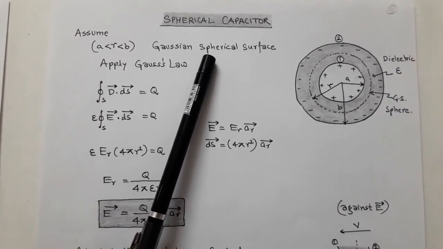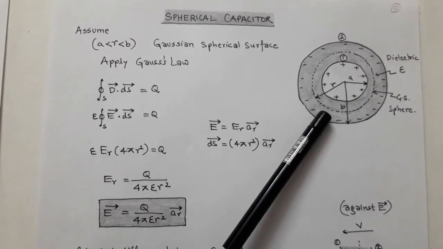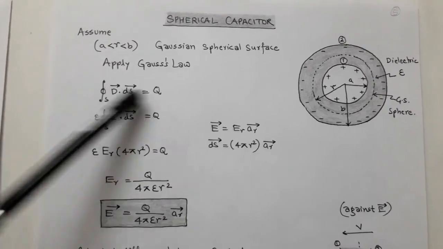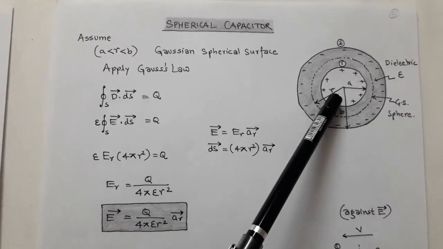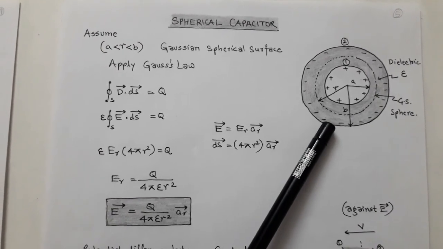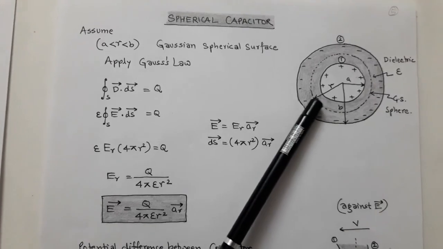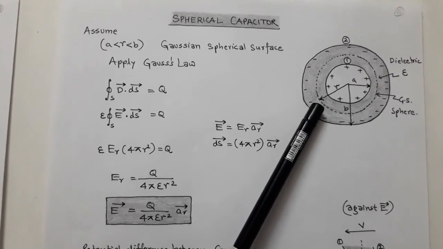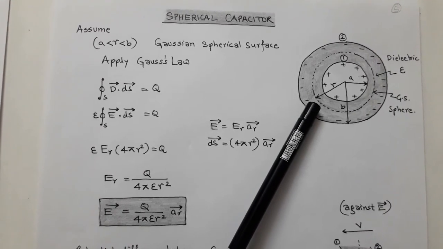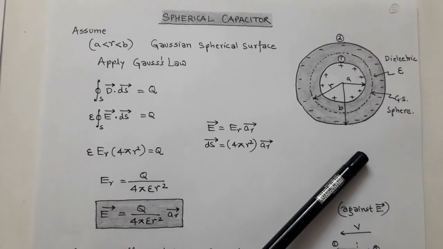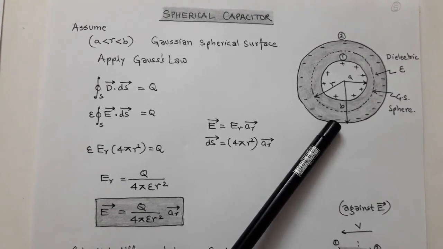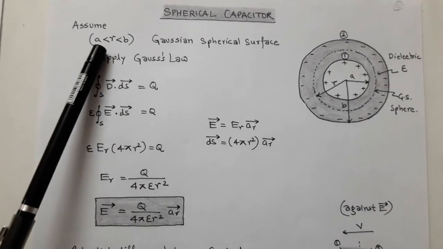Now to determine the electric field intensity and then the capacitance, we assume a Gaussian spherical surface. We have to apply Gauss's law. So we assume a spherical Gaussian surface of radius r, where r is in between radius a and radius b, that is r is greater than a but less than b.